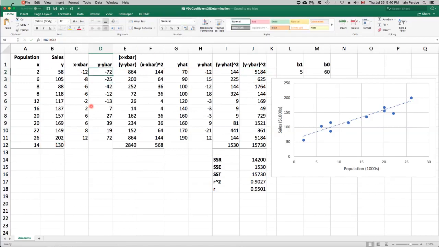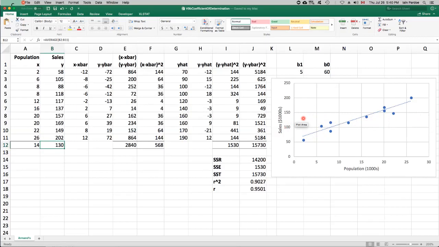So we could think of this as if I was to draw on this graph a horizontal line at 130, the average of y, so right around here. If I was to draw a line right along there, and then look at right here, this would be on that horizontal line at y bar.